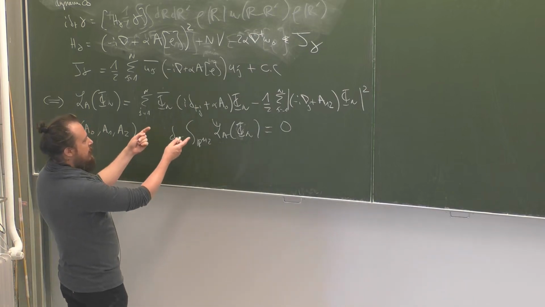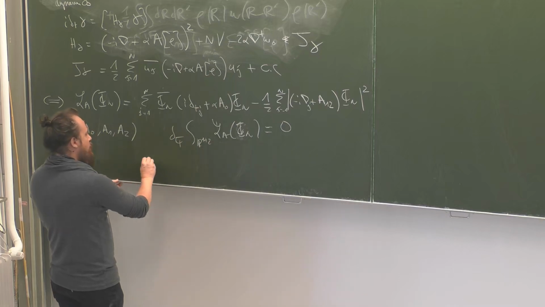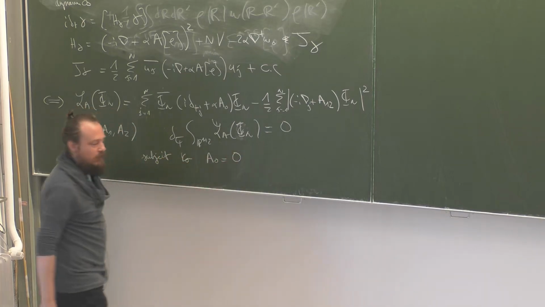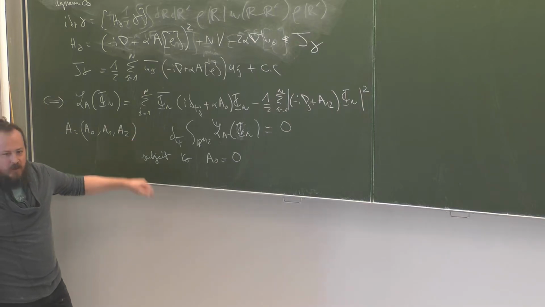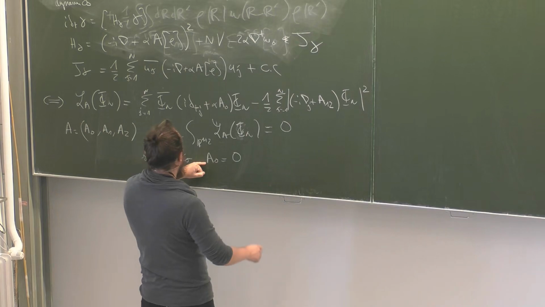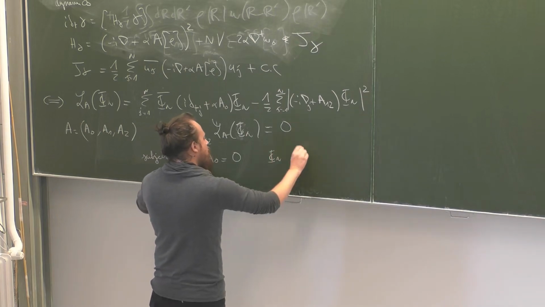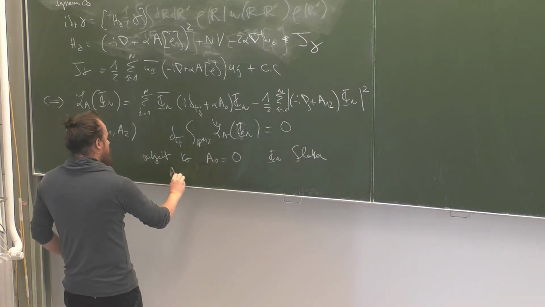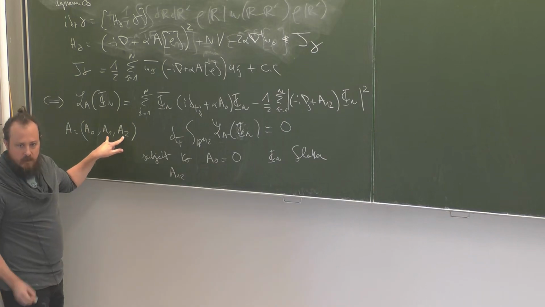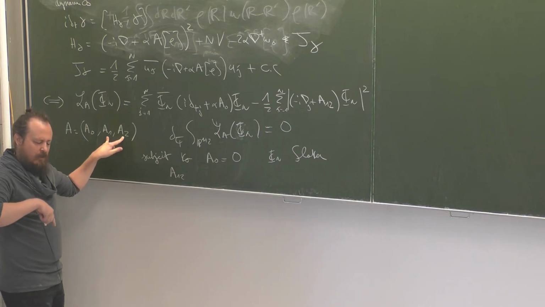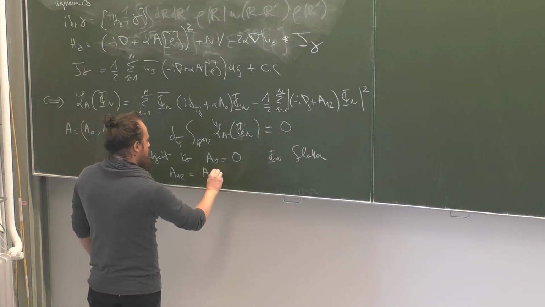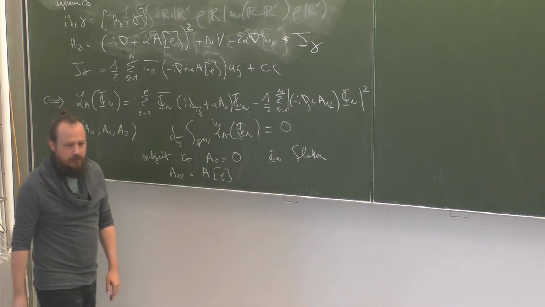If I do this, I'm not going to get what I want, but I don't want to do this subject to constraints, subject to A_0 equals 0. So don't make fun of me, this A_0 will be useful in a moment. Even though here you are subject to A_0 equal to 0, to phi n being a Slater determinant, as previously, and to A_12. So A_12 is a vector of the space coordinates. A_12 is just A of rho, as previously.